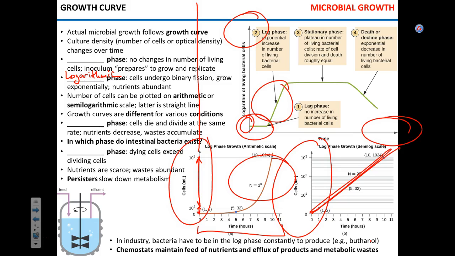And cells are pretty happy. Eventually, they hit the moment when cells start to die more and more and more. And the number of new cells and the number of cells that die become equivalent. Okay? Does that make sense?